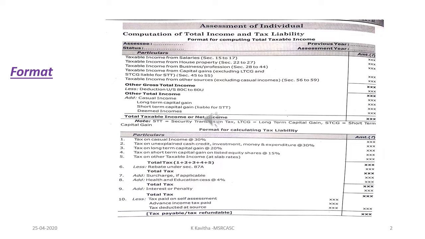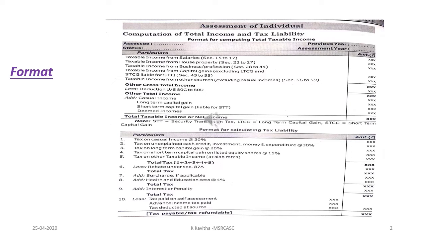Now we have to add it back: casual income, long-term capital gain, short-term capital gain with STT, and any other deemed incomes if there are any, all that we have to add back to arrive at the total taxable income, which is also called as net income.